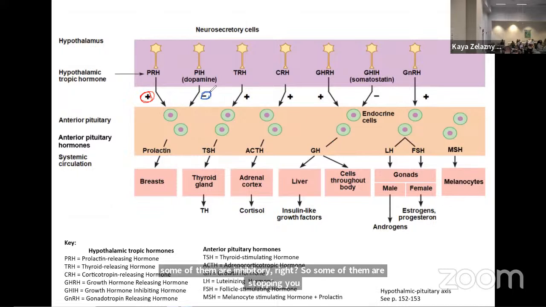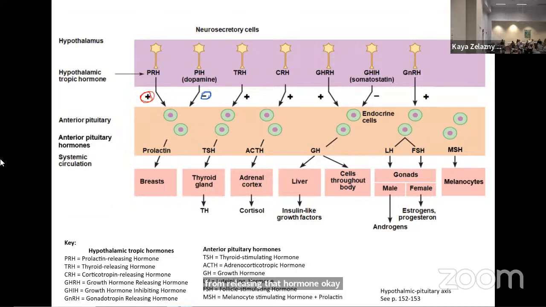I'm pointing this out because this gives us some really common naming systems for hormones coming from the hypothalamus that are part of these hypothalamic pituitary axes.